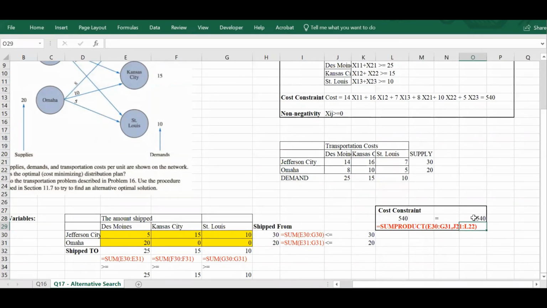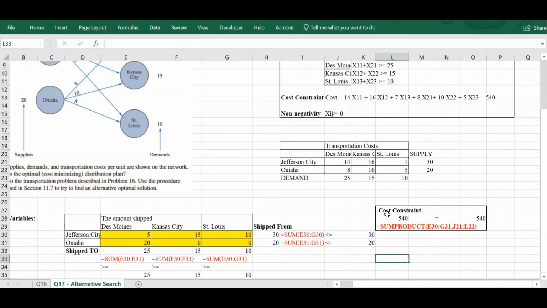I typed 540, right? This is my new cost constraint: the cost function using the decision variables stays at 540.